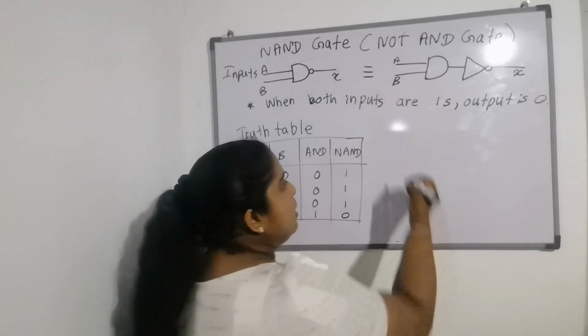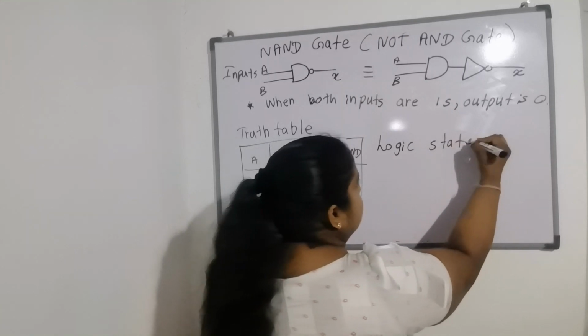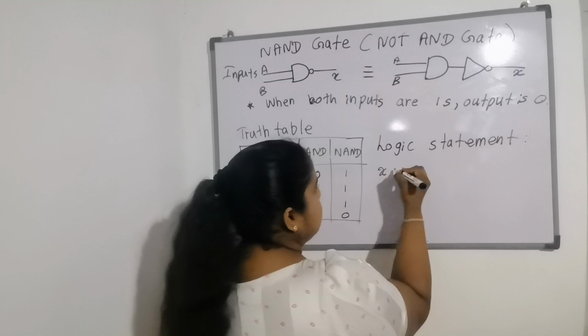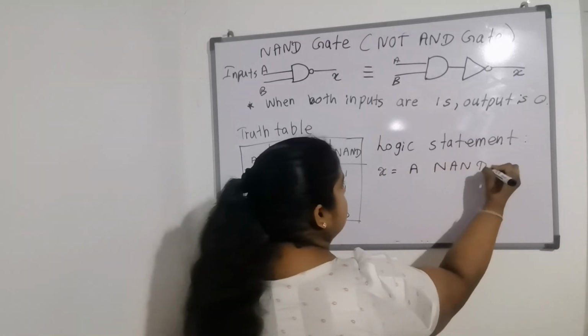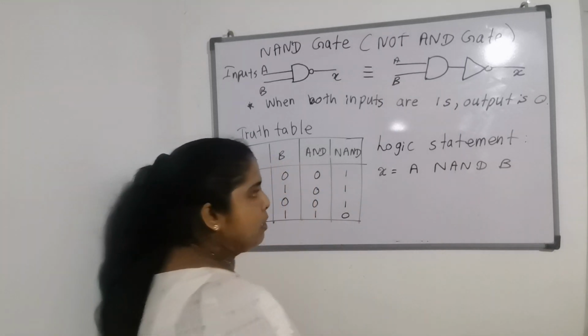Right. How to write the logic statement? The logic statement you can write like this: X equals A NAND B. There are some other similar ways that we use for that.